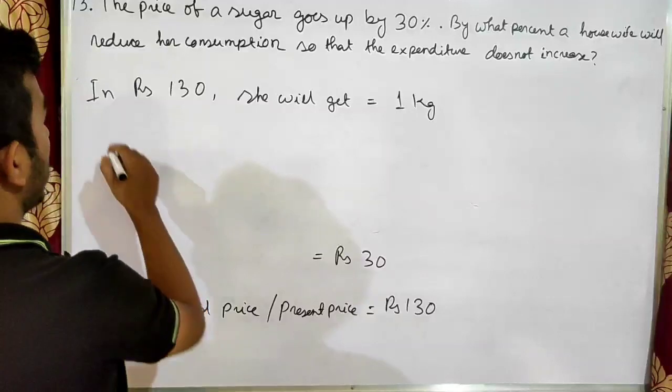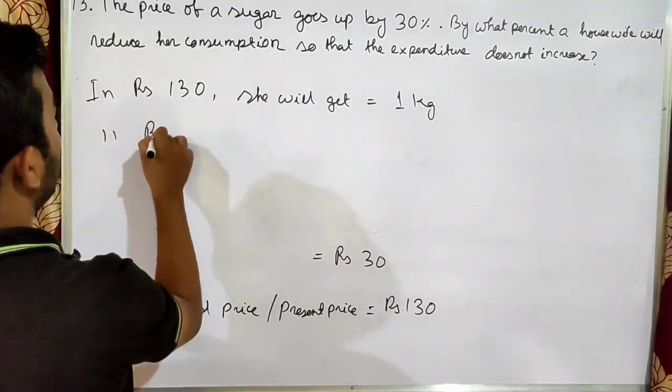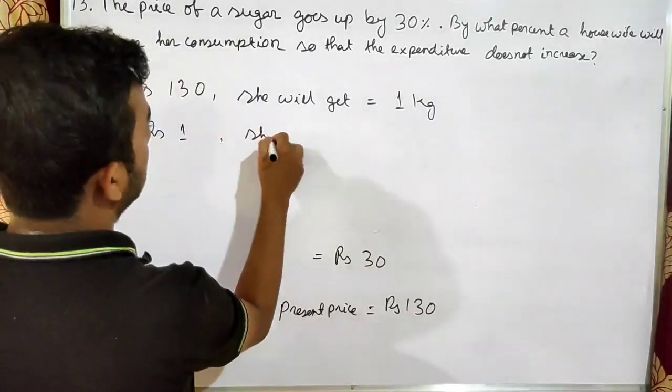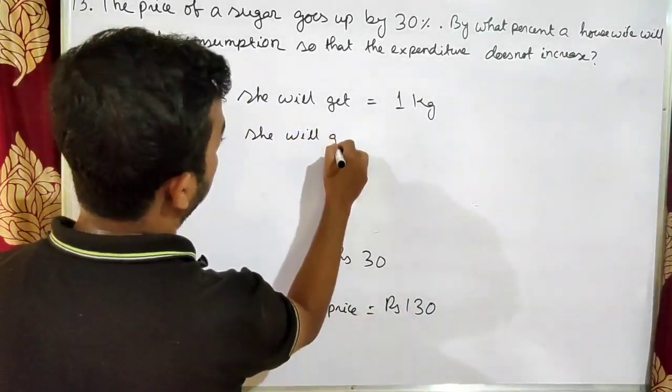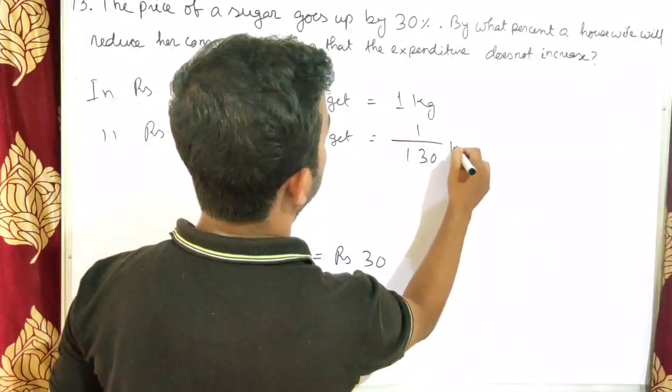Okay, she will get 1 kg. So in rupee 1, how much will she get? She will get 1 by 130 kg, isn't it?